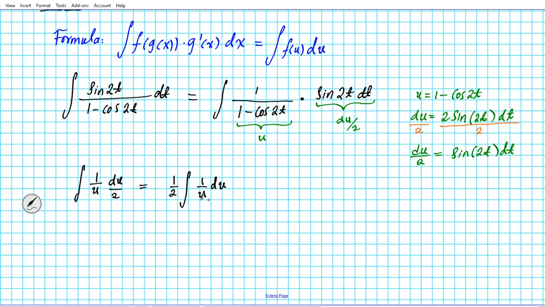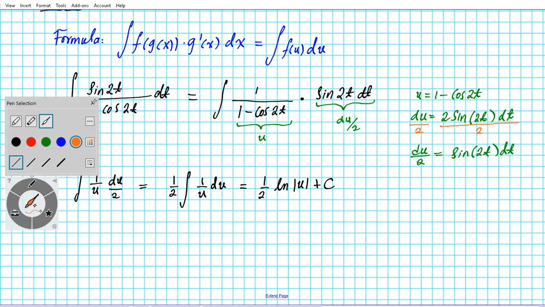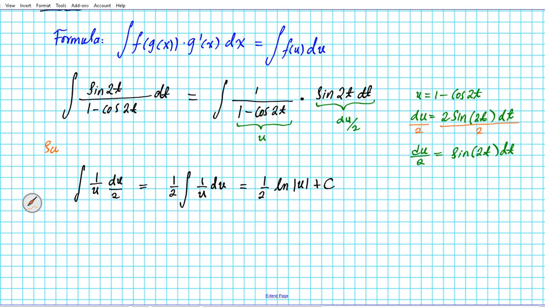The antiderivative of 1 over u is the natural logarithm of u. So this becomes 1/2 of the natural logarithm of the absolute value of u plus c. Are we done? The answer is no. We carried out our substitution step here, and guess what we do after we integrate? You have to resubstitute what you substituted out.